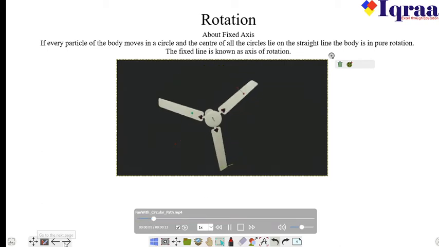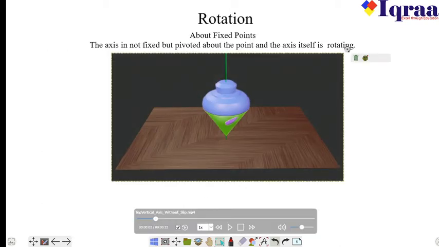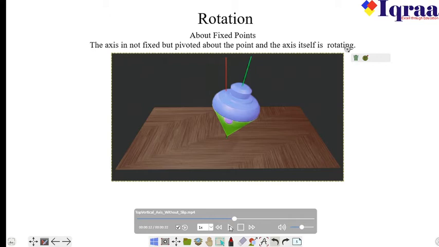Another example of rotational motion is rotation about a point. In this case, the axis is not fixed but pivoted about the point, and this axis itself is rotating. For example, if we take the example of a top, each and every particle on the top is rotating about its axis, that is the green line, but the axis itself is rotating about the red line, which is a vertical axis.